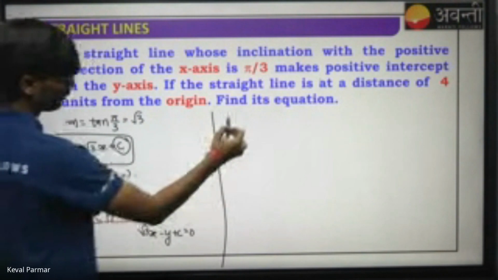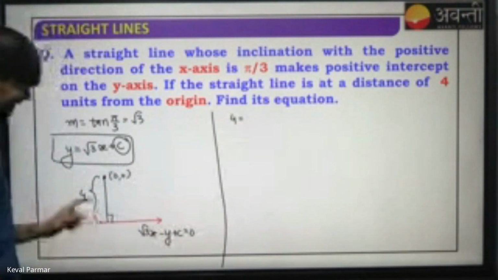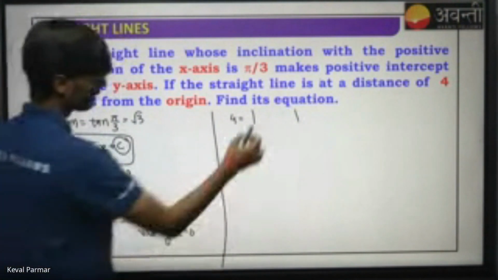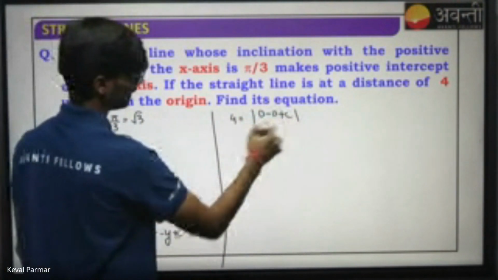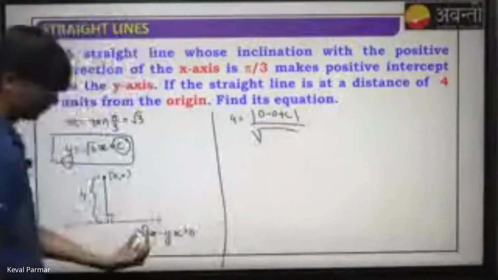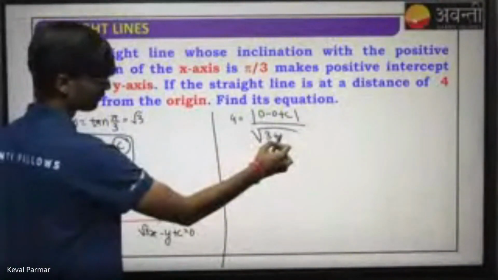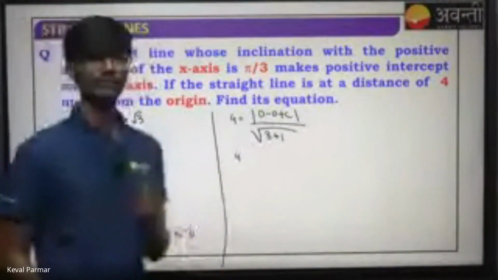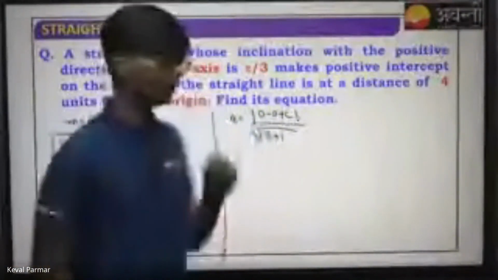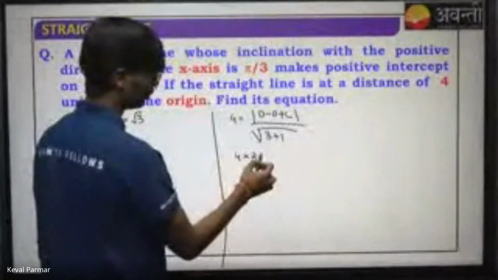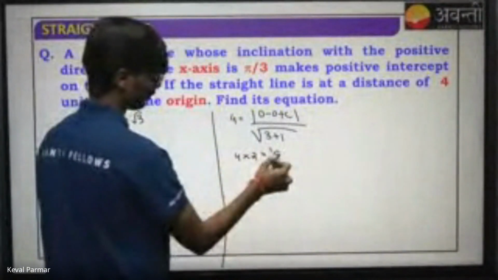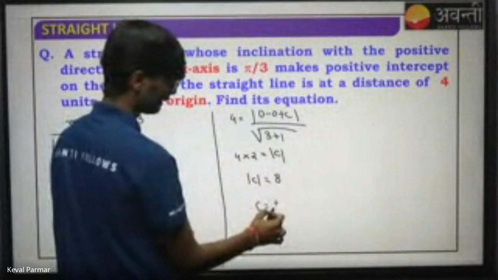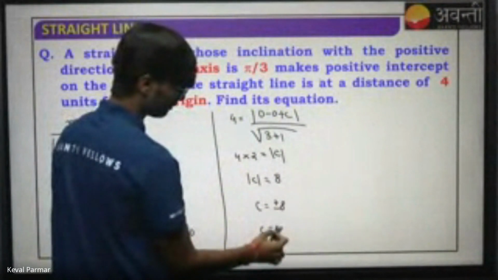So if I use the perpendicular distance formula, I'll get 4 is equals to mod of 0 minus 0 plus c upon under root of coefficients squared. So I'll get 3 plus 1, right? So 3 plus 1 is 4 and under root of 4 is 2. So 4 into 2 is equals to modulus of c. That means modulus of c equals 4 2s are 8. c equals plus minus 8.